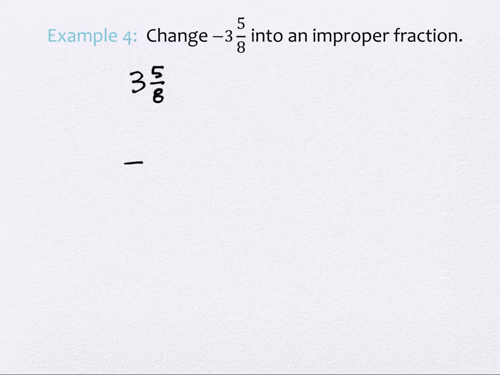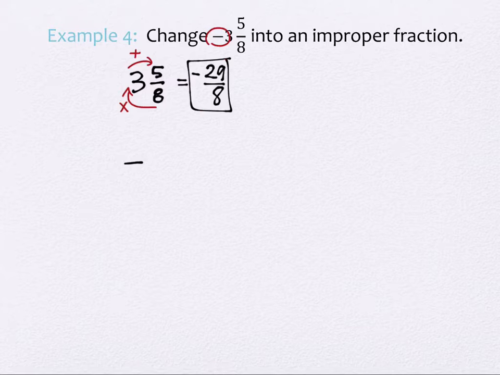The shortcut is that we take 8 times 3, which would be 24, and we add it to the 5. 24 plus 5 is 29 out of 8. And because the original value is negative, ours is as well. So it's negative 29/8.